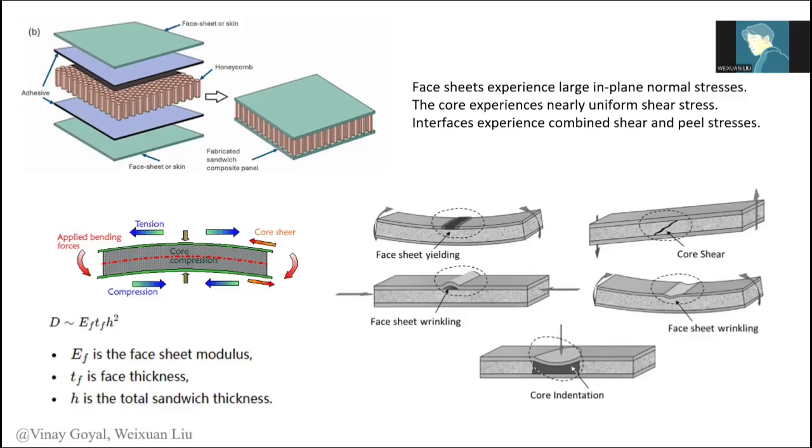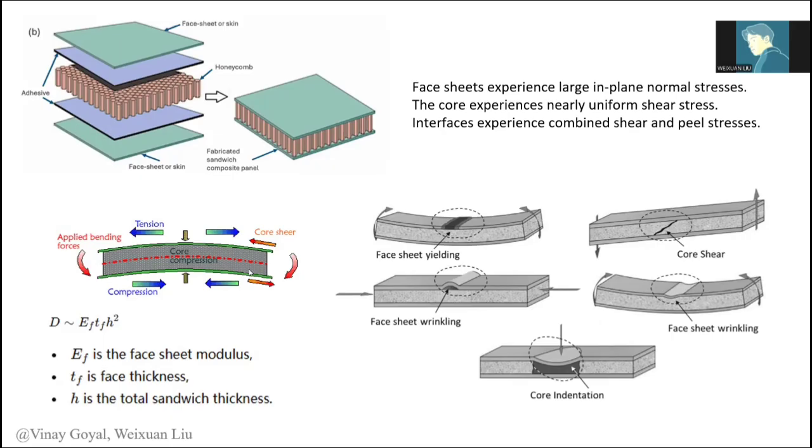Let's look at the lower figure, which illustrates the stress distribution under bending, the most typical loading condition. When bending loads are applied, the bottom face sheet will carry tension and the top one will carry compression, as we know.